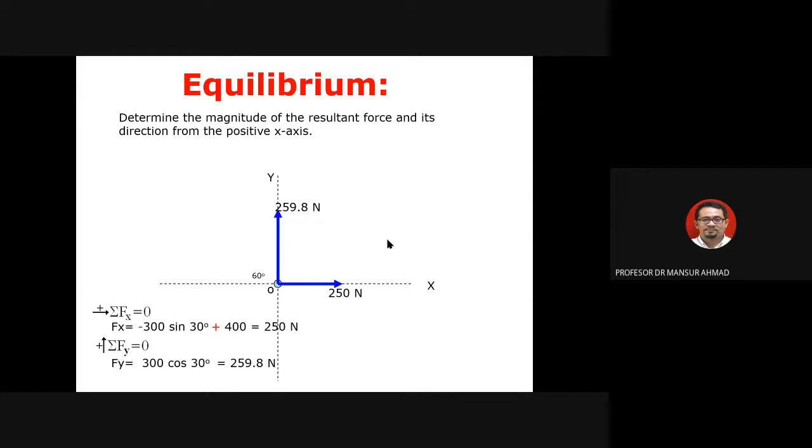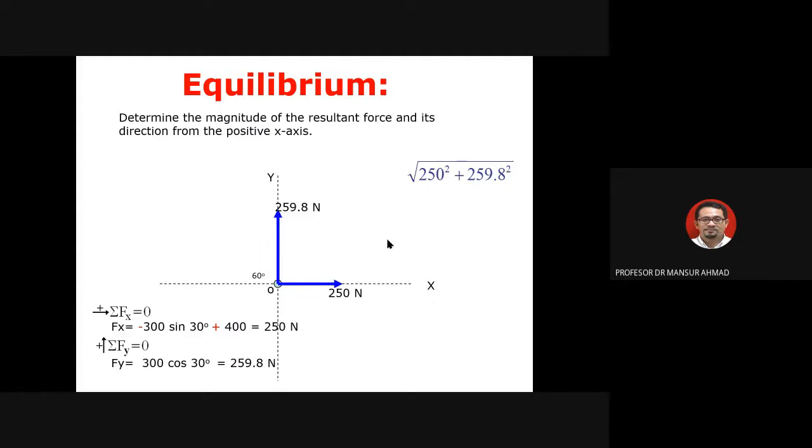Now if you look at this diagram here, it resembles the first example that I discussed with you. So now you need to use trigonometry to solve this. We've done that before, so I'm going to go ahead and calculate this.